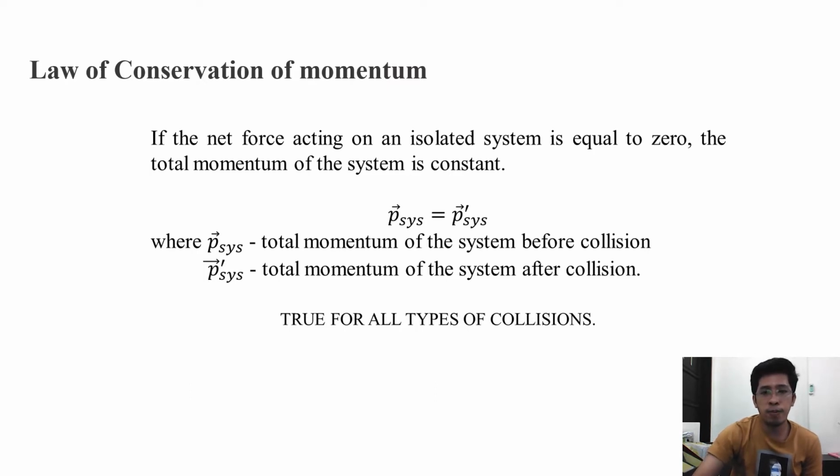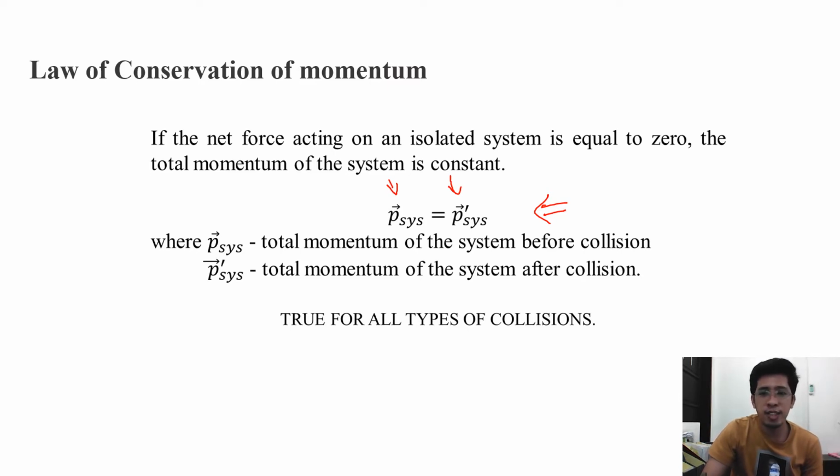That is, P system, the momentum of the system before the collision, is equal to P system prime, the momentum of the system after the collision. The prime symbol in the equation tells us that it is an event which happened after the collision. And this law of conservation of momentum is true for all types of collisions.